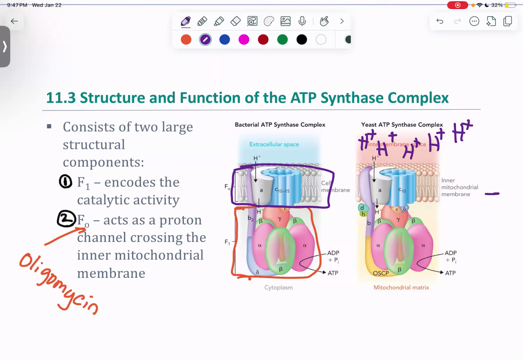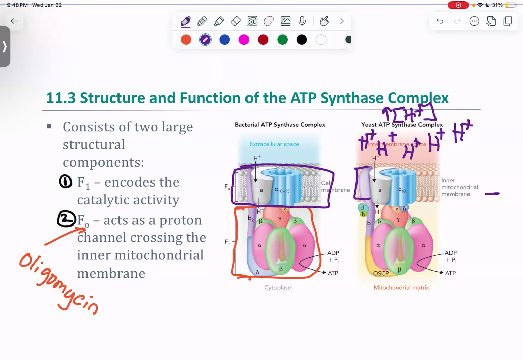So we have a high concentration of protons in the intermembrane space. The protons need to be able to cross the inner mitochondrial membrane, but they can't just diffuse. They have to pass through this complex. The part of the complex that allows the protons to flow through is the F naught complex. It's actually kind of complicated, and we'll talk about how that works shortly.